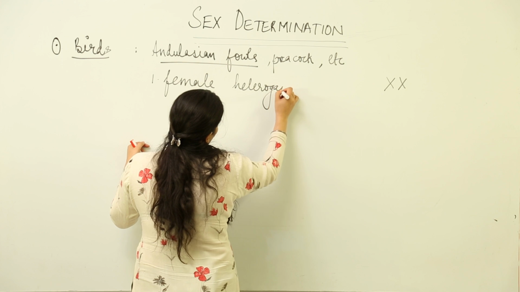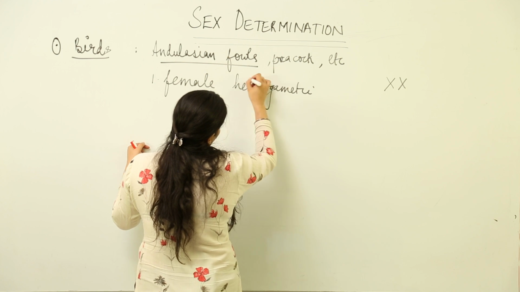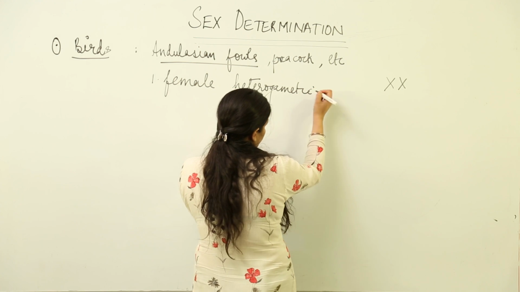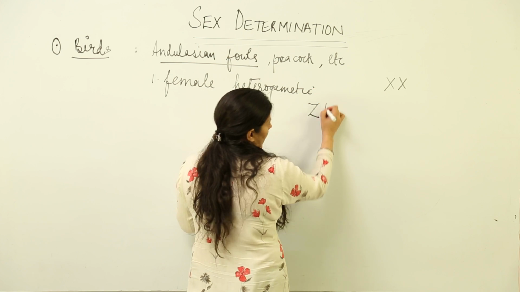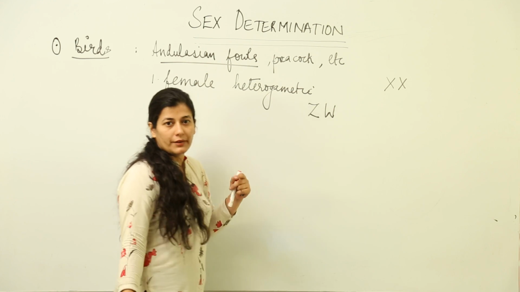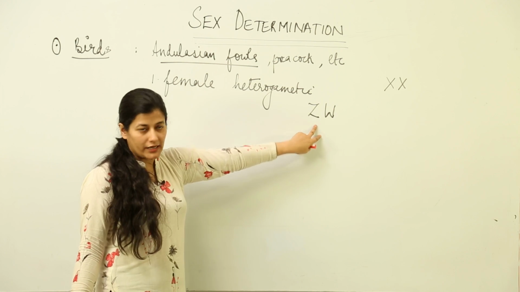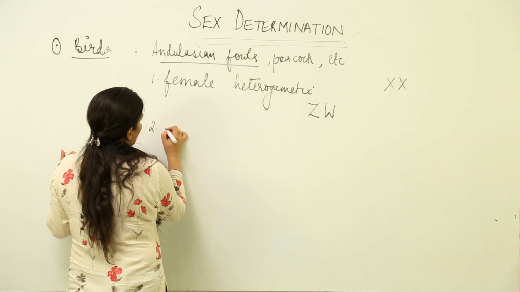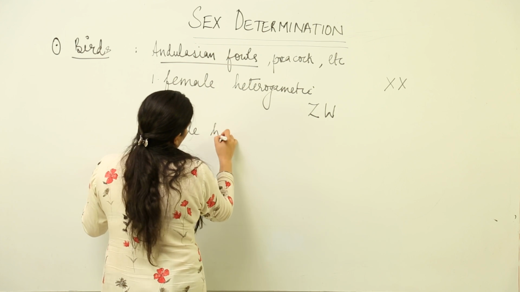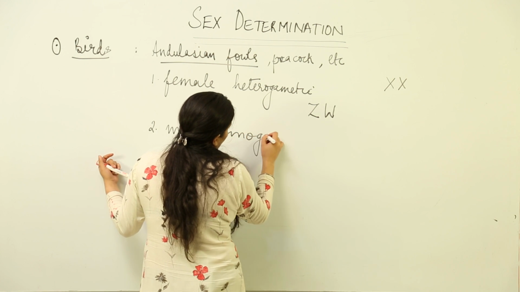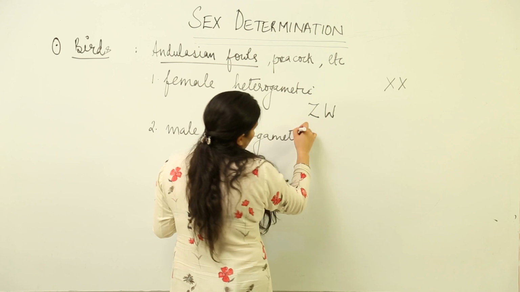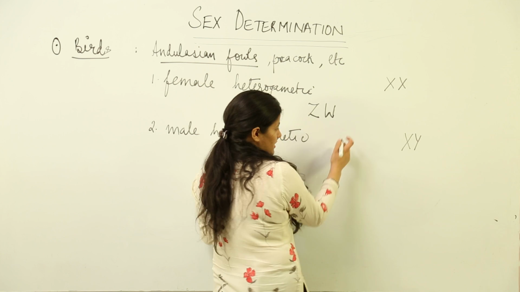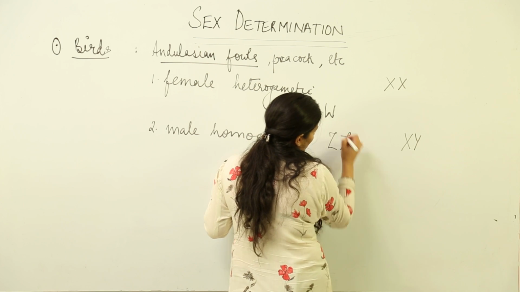So, supposedly we represent the female's allosome composition as Z and W. This would be the female, and the male would be homogametic over here. In case of human beings, what is the male's composition? It is XY. Certainly it is heterogametic, but in this case the male would be homogametic.